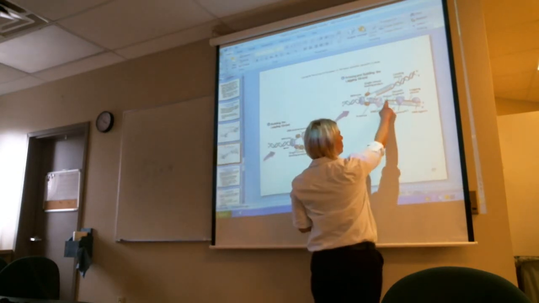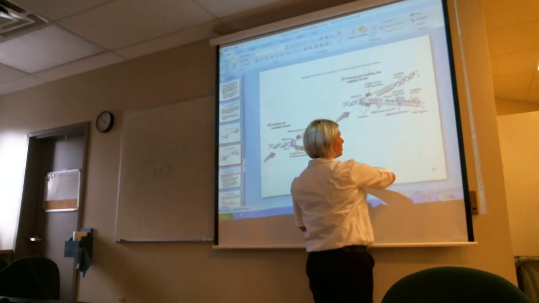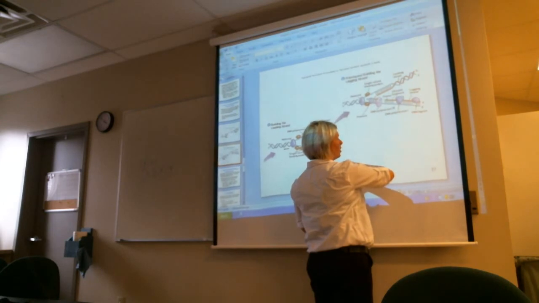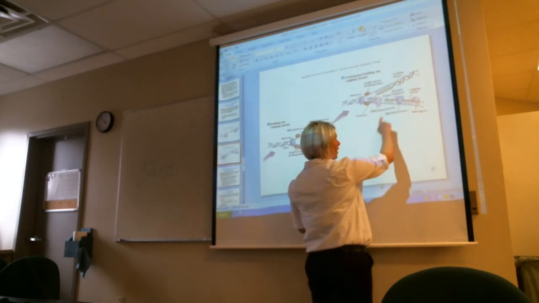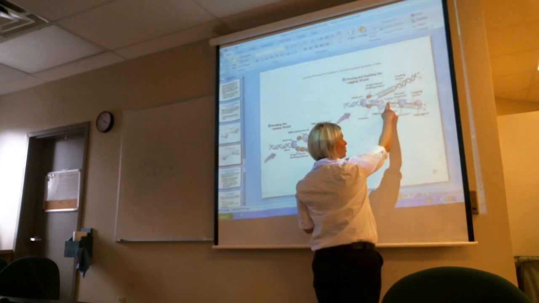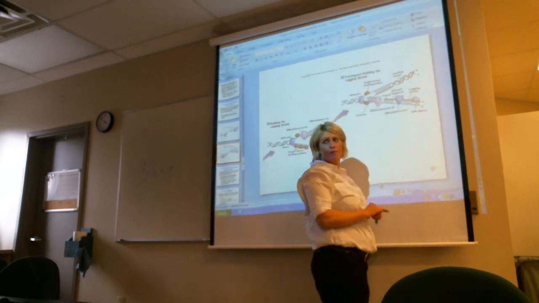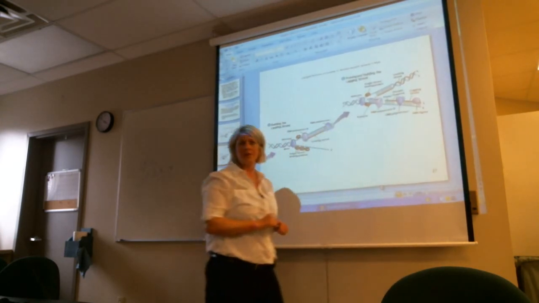And then this will show you how these are actually made in chunks in the lagging strand. And you see your DNA polymerase 1 just took out a primer there. And that's what it's doing, that's its job.